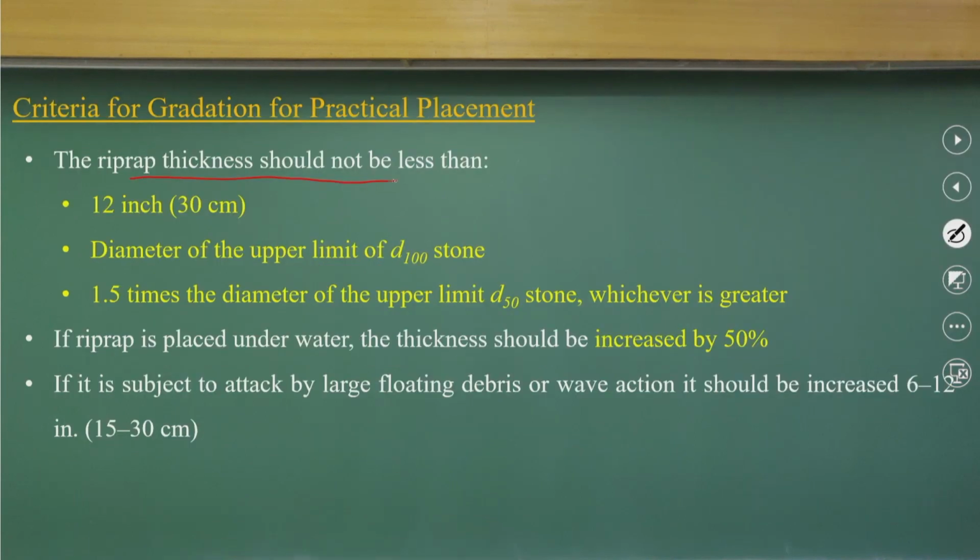If you look at it that way, for gradations the riprap thickness should not be less than 30 centimeters.